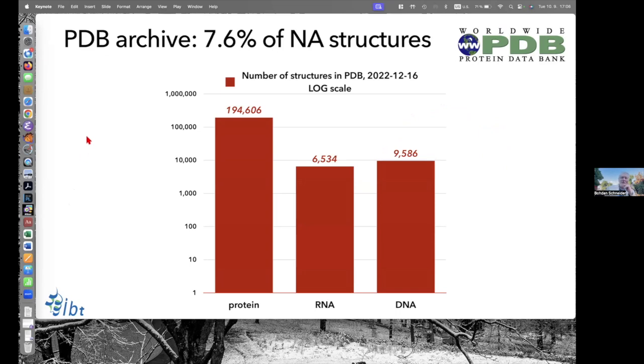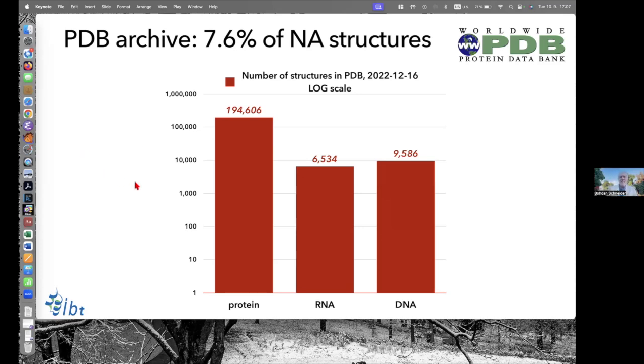The number of protein structures is quite large, but the number of nucleic acid structures, and especially RNA structures, is still comparatively very, very low, despite huge progress. This is absolutely no criticism of people who solve DNA and RNA structures, but the number of these structures is still comparably very, very low.